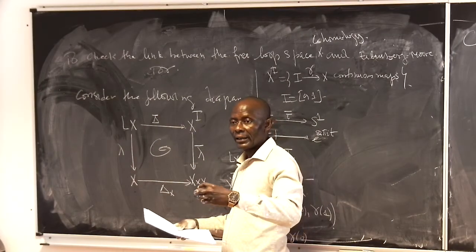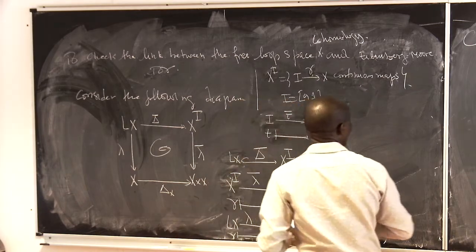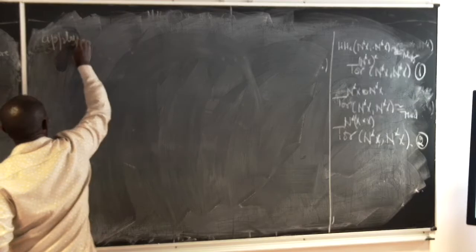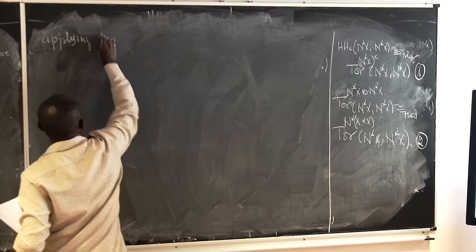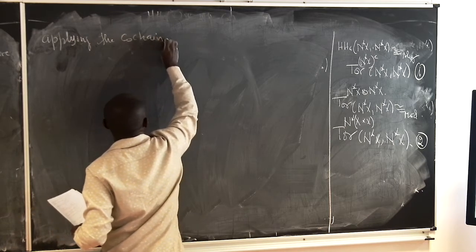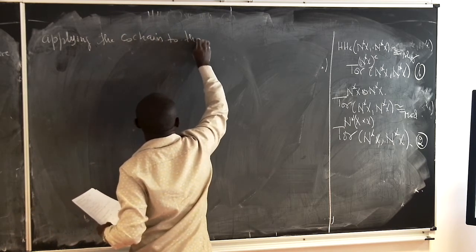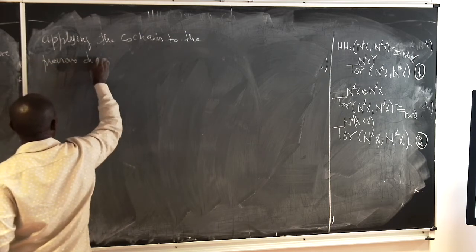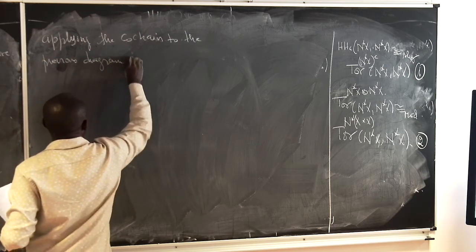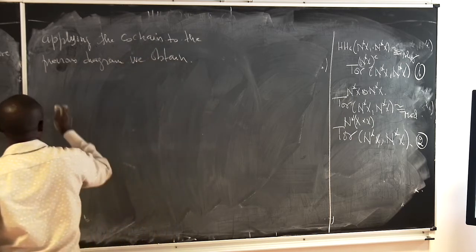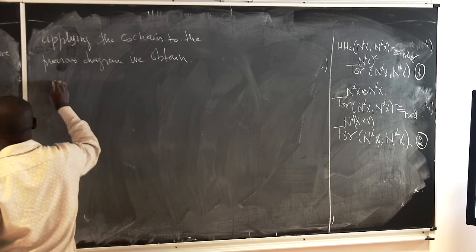You know that the quotient functor is a covariant functor, meaning that applying the quotient functor to the previous diagram, we obtain the following commutative diagram.